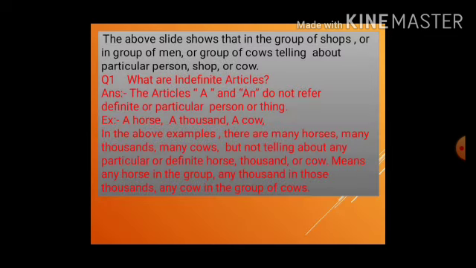Look at the next. The above slide shows that in the group of shops or in group of men or group of cows, telling about a particular person, shop or cow.